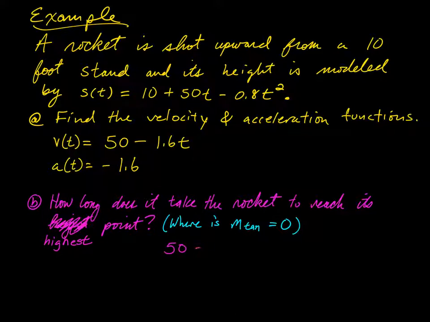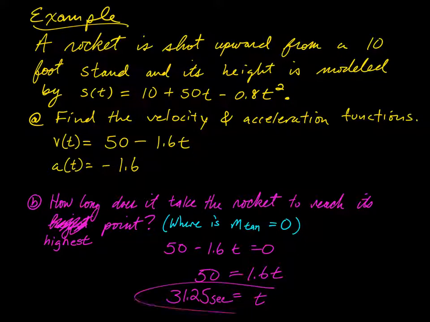So that is 50 minus 1.6t equals 0. You can add 1.6t to both sides, divide both sides by 1.6, and get that t equals 31.25 seconds.